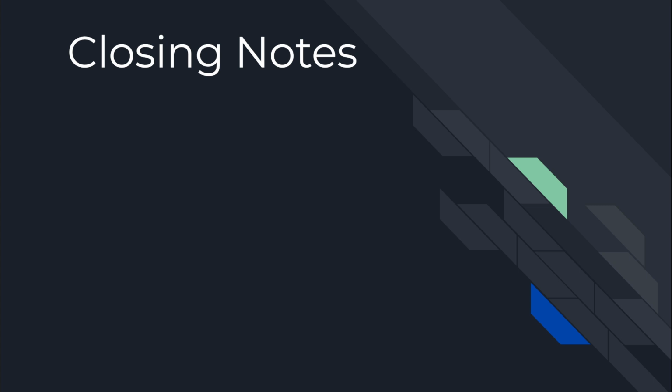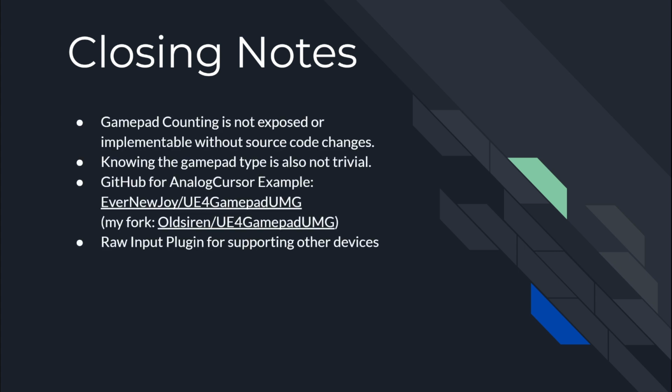So some closing notes. I hope this has been helpful before I continue. So the gamepad counting. So you know how you have two gamepads connected into a machine? At the moment, it's not really exposed or implementable without source code changes, at least from what I've seen. And that's in default Unreal right now if you were to get the launcher version.